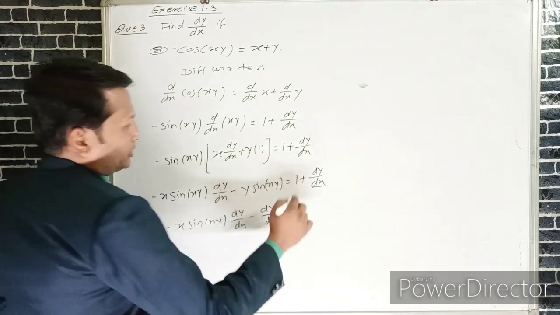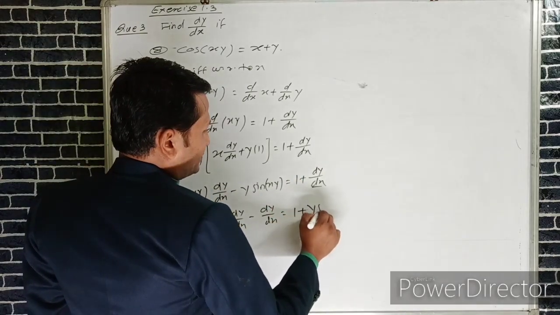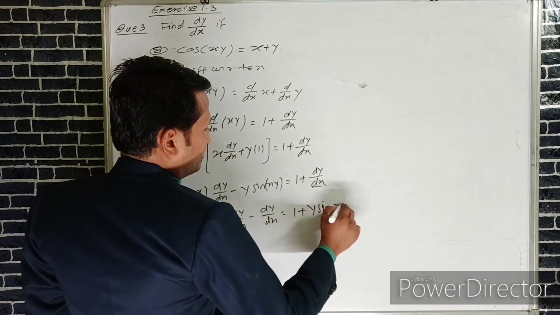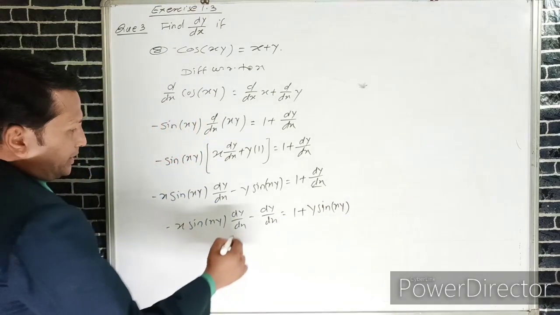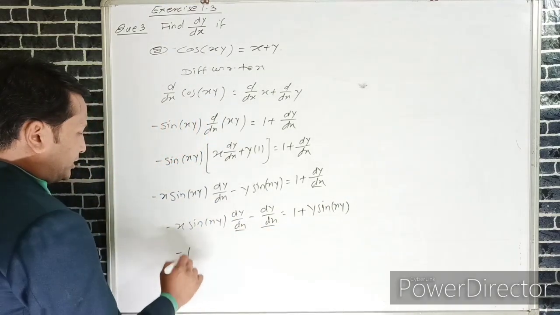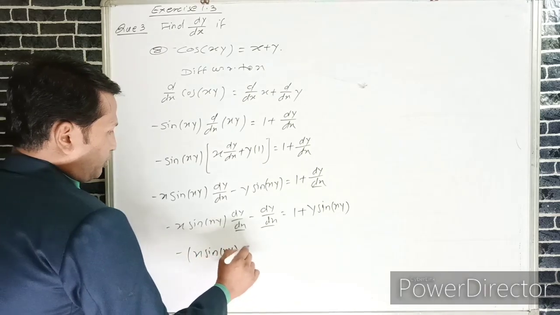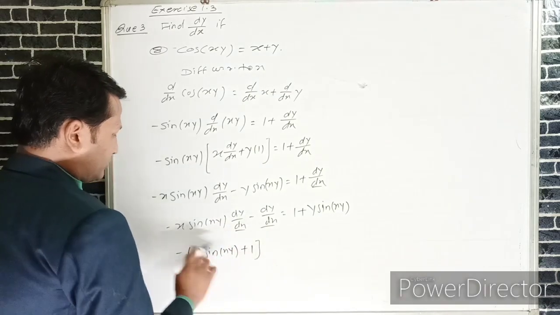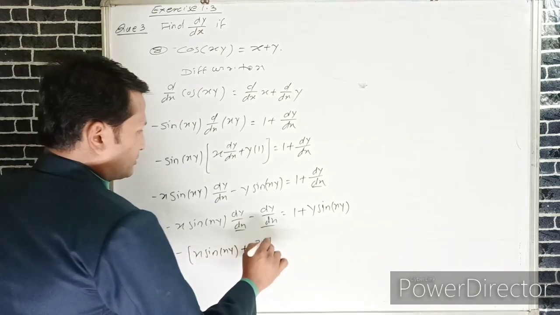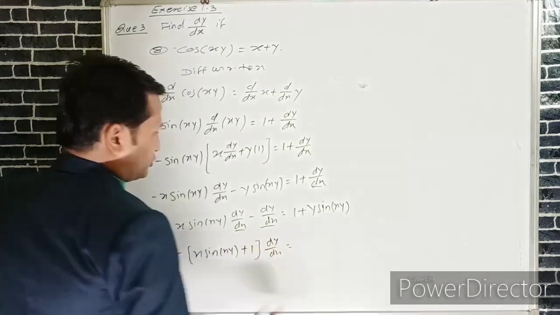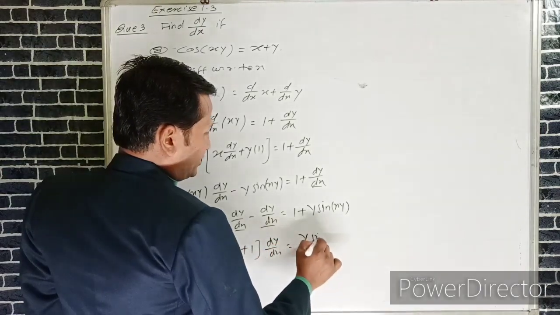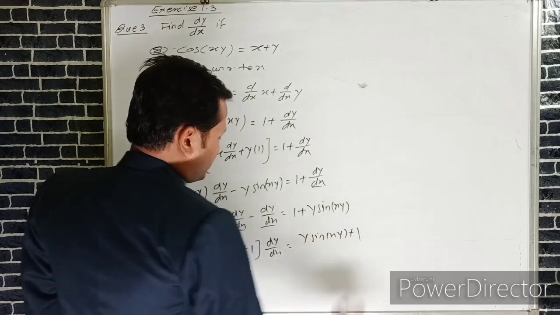This minus is converted into plus y sin of xy. If we take dy by dx common from both terms, we can write minus in bracket x sin of xy plus 1 into dy by dx is equal to y sin of xy plus 1.